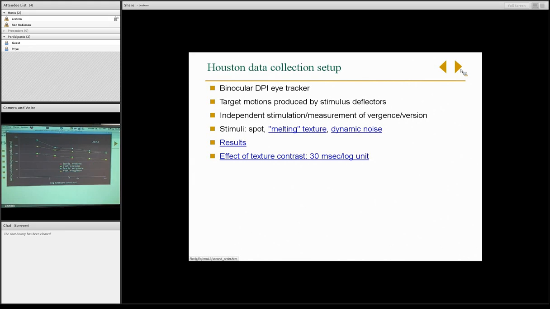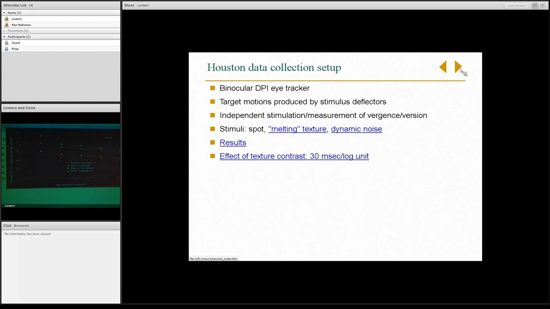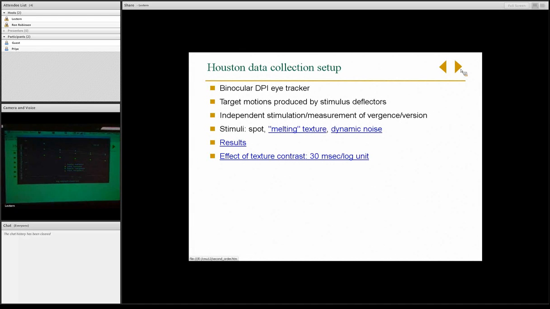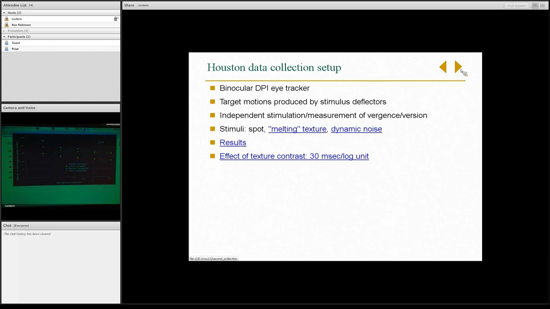Some of you may have heard of the Pulfrich effect, where if you put a filter over one eye, that's not quite the same as this, because here we're keeping luminance constant and reducing texture, but it's another way of making visual processing slow down. We're seeing that slowing here, and the vertical version is slightly slower than the horizontal version. That difference is maintained as we reduce contrast. There's an additive effect.